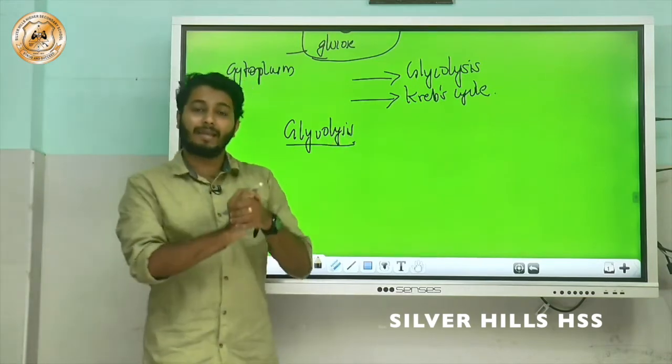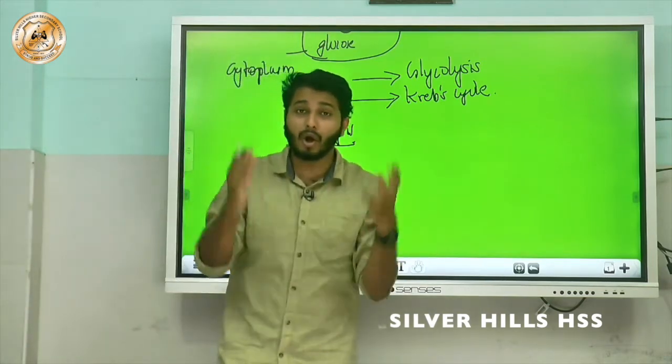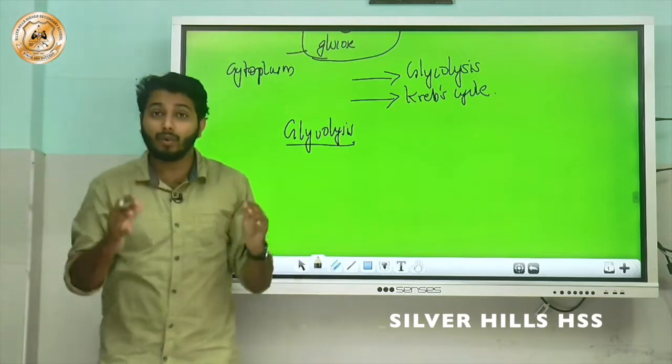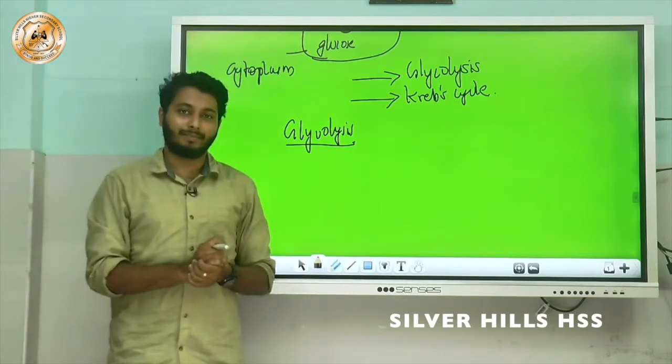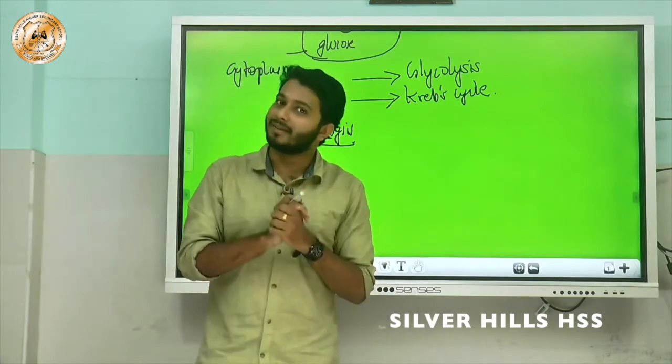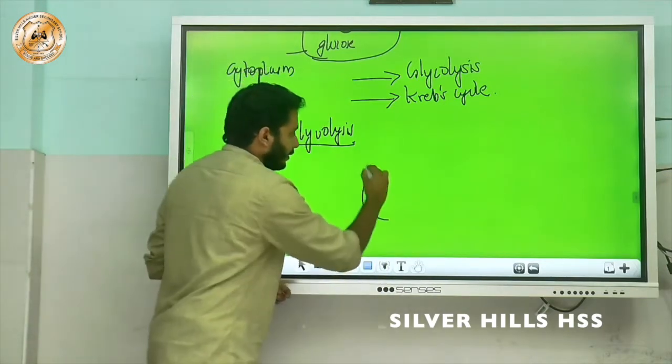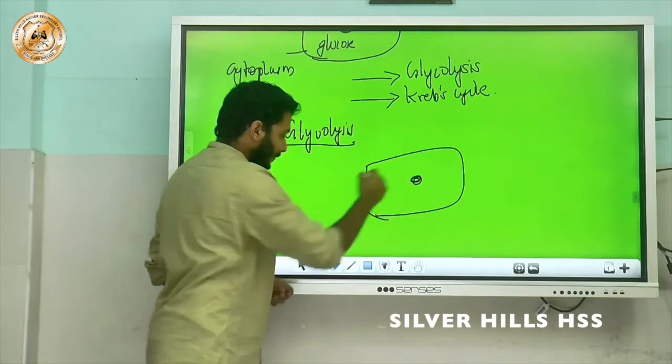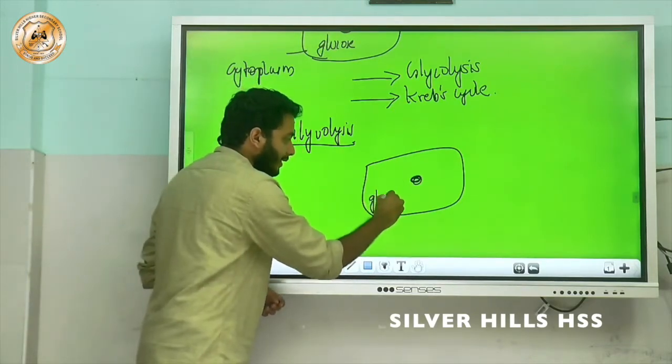Glycolysis can be defined as the process of converting glucose into pyruvic acid. This is the cell, this is the nucleus, and the glucose is already there inside the cytoplasm.